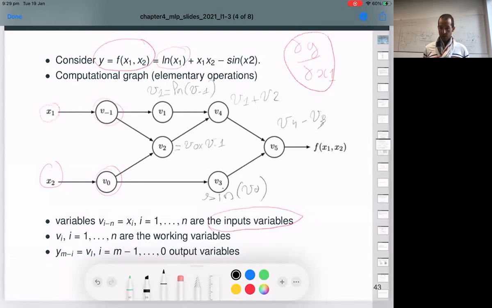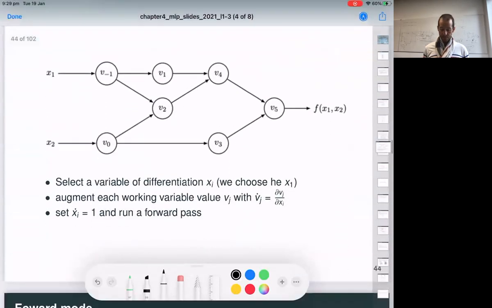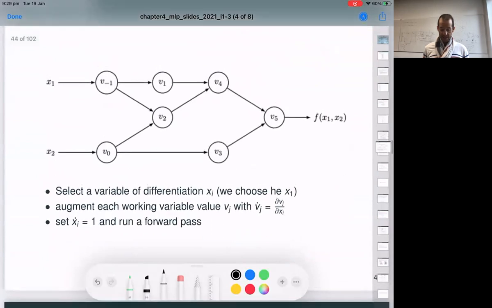Okay. So you decompose like this, and now for the forward mode, you select a variable of differentiation. In our case, we select x1. It means that we will try to compute the derivative with respect to just one variable.